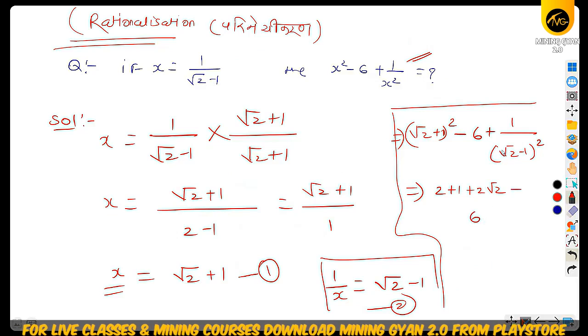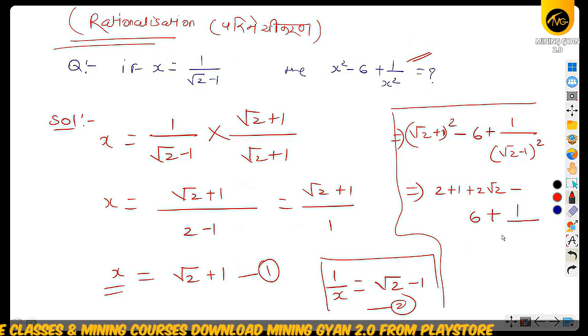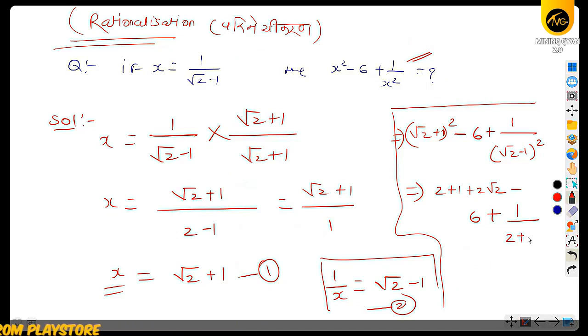Minus 6 plus 1 divided by 2 minus 1 plus 1 and minus 2 root 2.